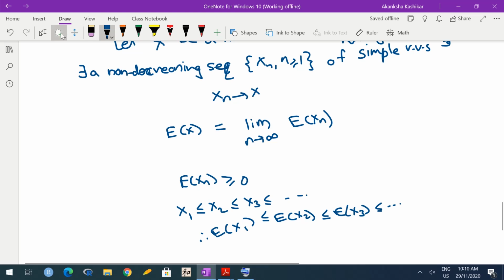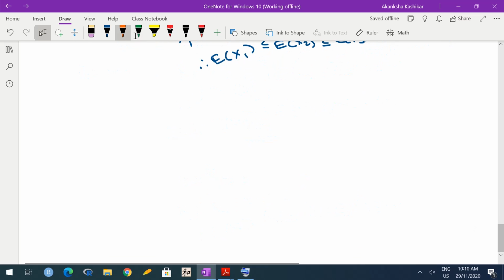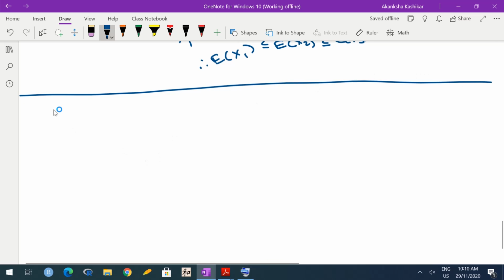Now how do we define expectation of general arbitrary random variable? By arbitrary I mean it can take negative as well as positive values or 0 value. Okay, so expectation of an arbitrary random variable.